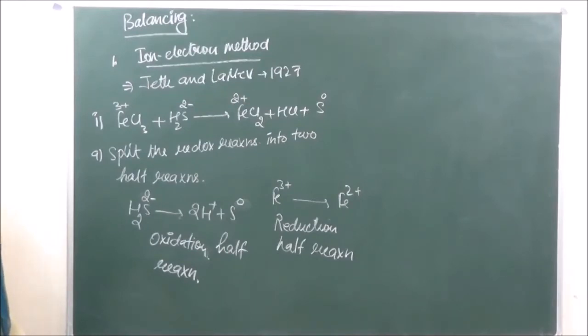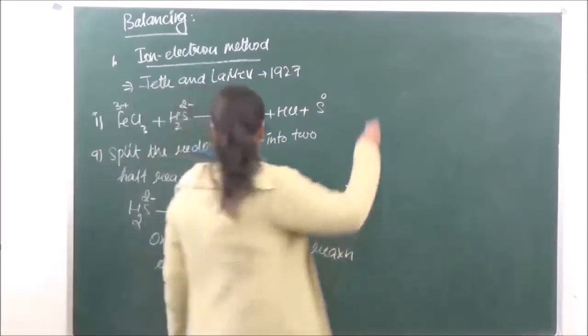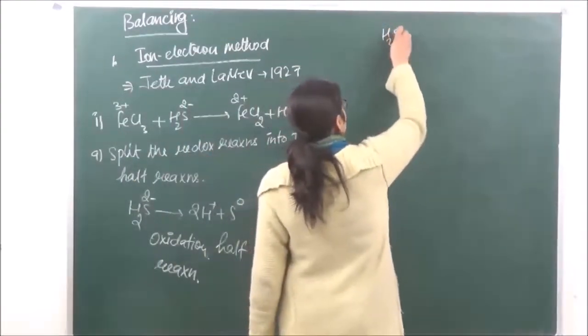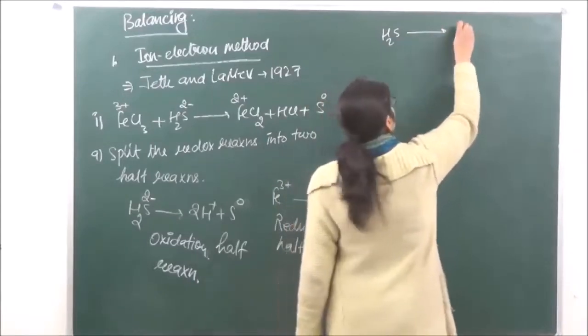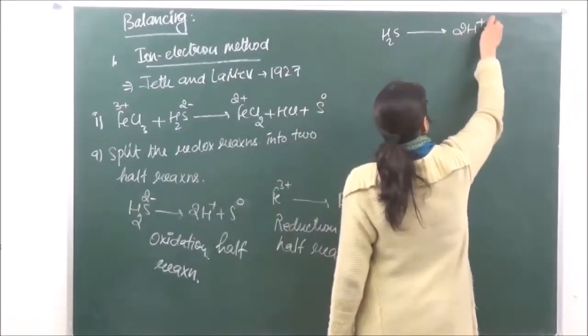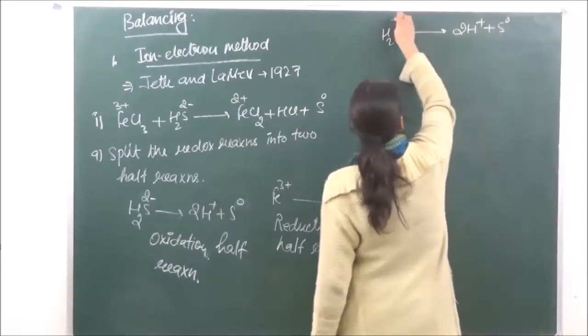So let's go on to the balancing of each of them. Let's go on to this reaction. The first one which we have, H2S, gives us 2H positive plus S, with 0 and -2.